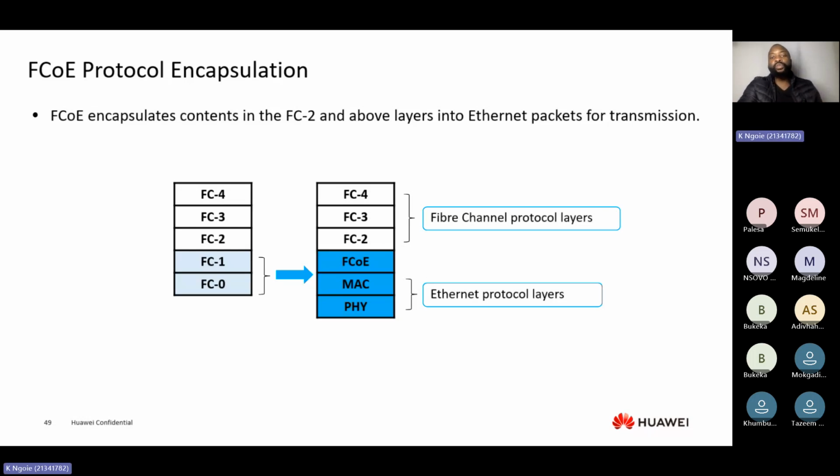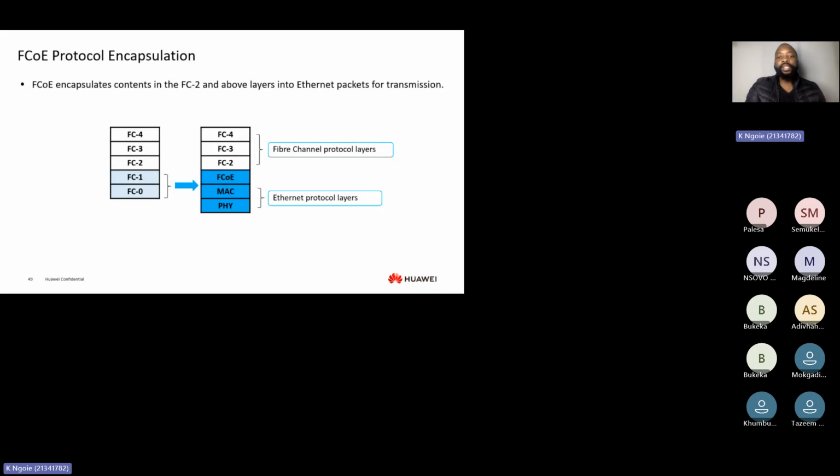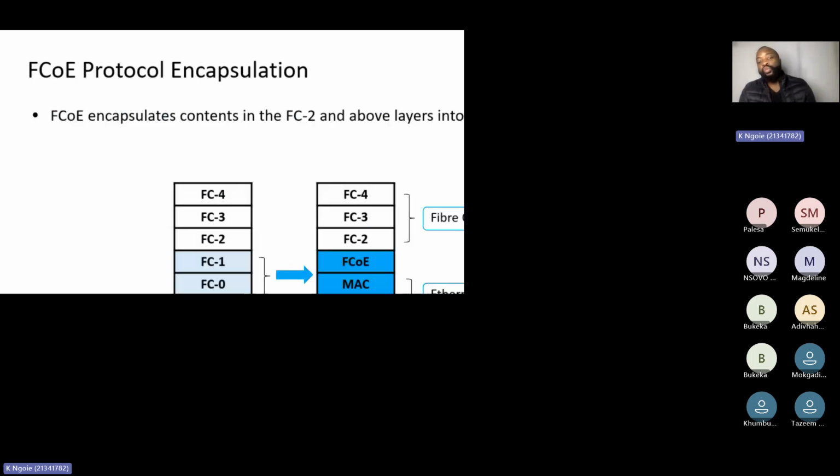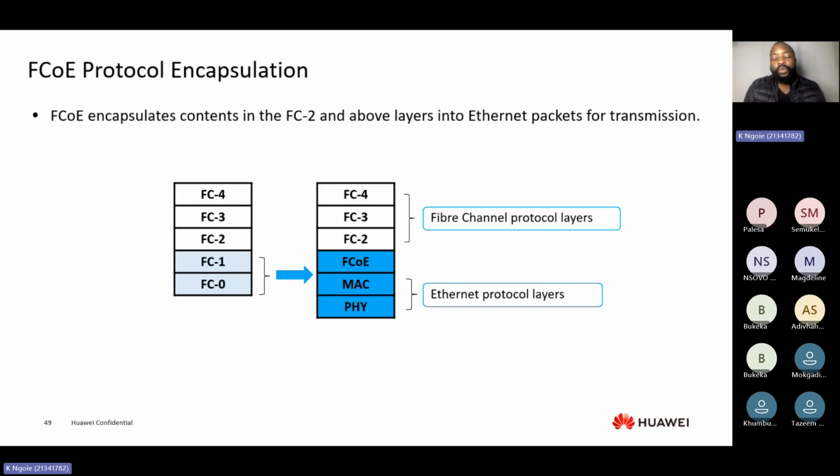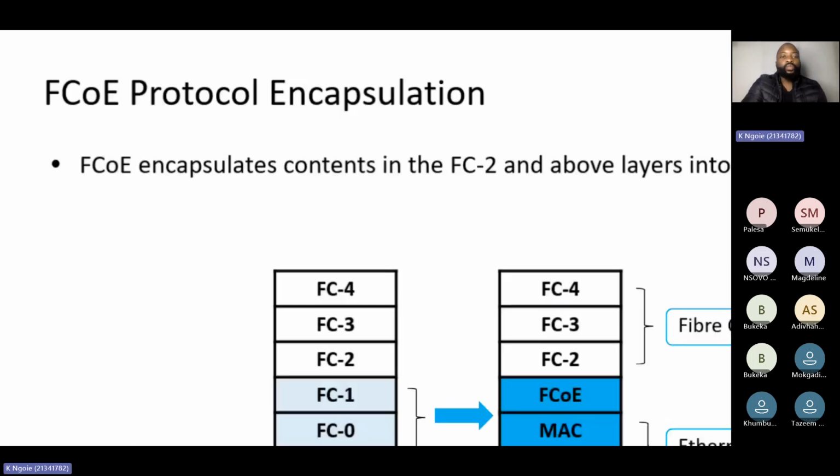So when we look at this protocol stack, we have 5 layers, from FC0 to FC4, the Fibre Channel layers. The FC0 is what we call the physical layer.